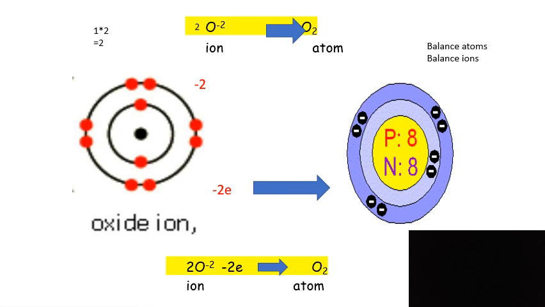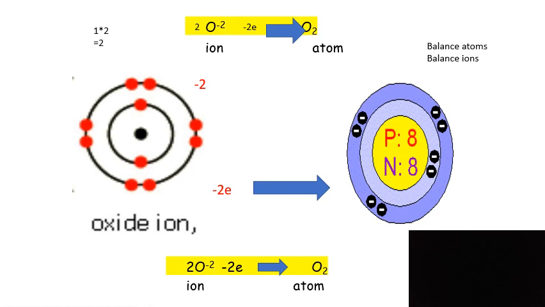On the left you have -2 and on the right you have 0. So how do we make both of these sides 0? This side has 2 extra negative charges and this has 0. So what are you going to do to make sure that they are both 0? Very good.